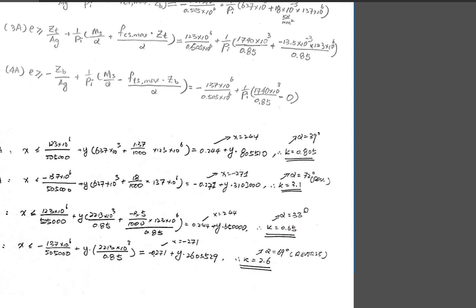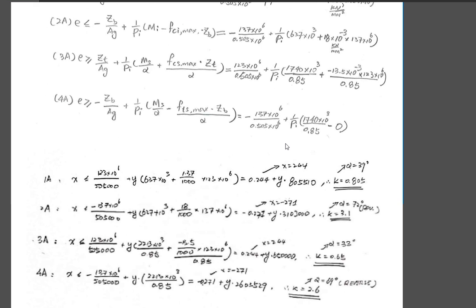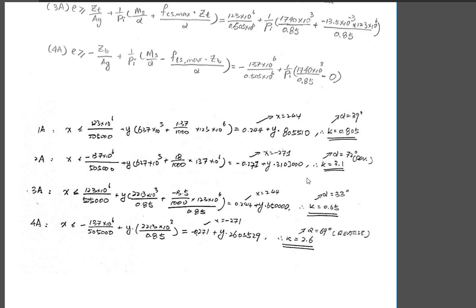So you can pretty much plot your x-axis for these values. You got two dots for the x-axis, 244 and negative 271, and because this is a linear equation, it is a pretty visual tool to construct your lines here.